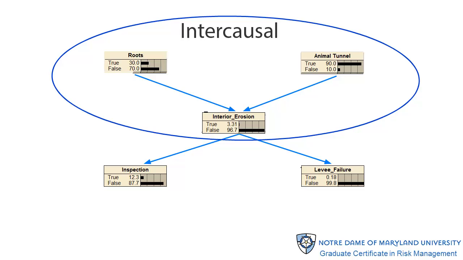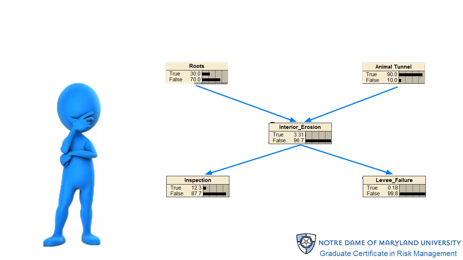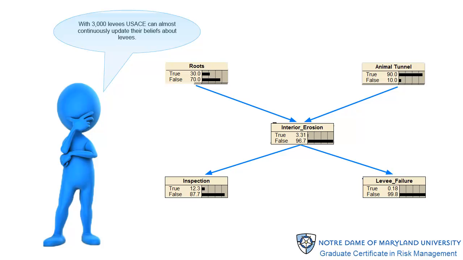Not shown in this video is an example of combination reasoning. What we want to do is to calculate new beliefs as uncertainty is reduced and new information becomes available. The U.S. Army Corps of Engineers National Levee Database includes data on 3,000 non-federal levee systems that produce information that will enable them to continuously update their beliefs.